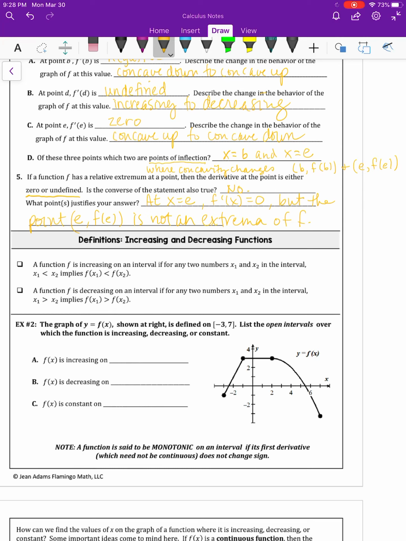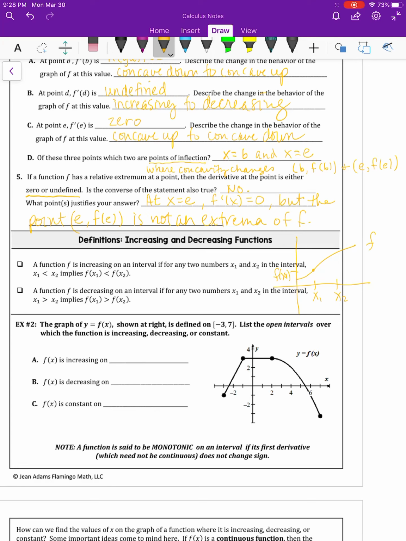So, definition, increasing and decreasing functions. A function f is increasing on an interval if, for any two numbers x1 and x2 in the interval, where x1 is less than x2, then it implies that f of x1 is less than f of x2. So, basically, if you've got some function, I'm just going to draw some function f.